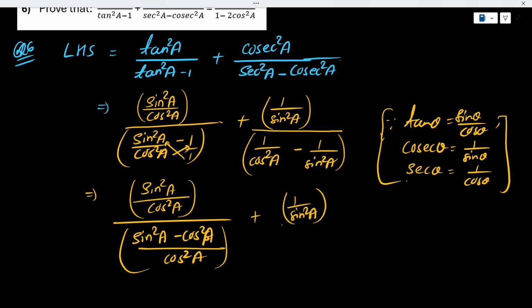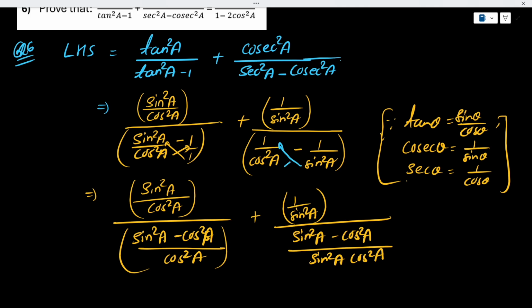Sine square A by, it is sine square A minus cos square A by sine square A times cos square A. What did we do here? Because the denominators were not same, so this gets multiplied here. Sine square A will get multiplied with the first numerator, and the denominator is going to be product of both the denominators, right? After that, what do we do here?